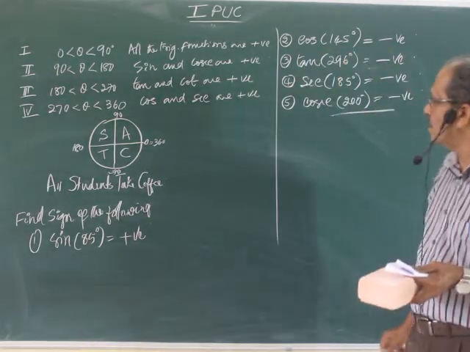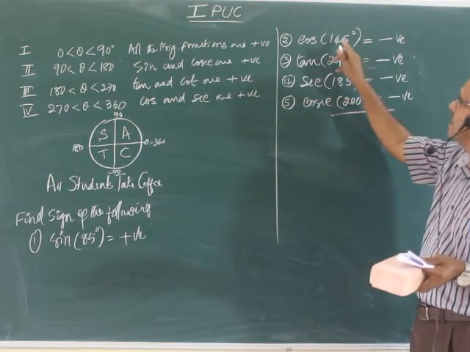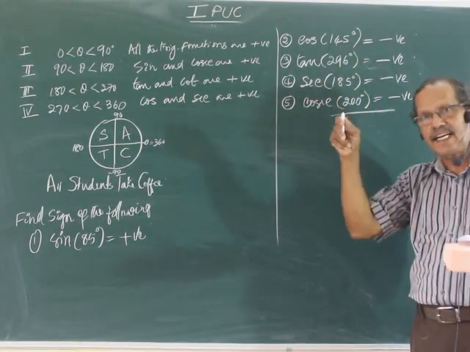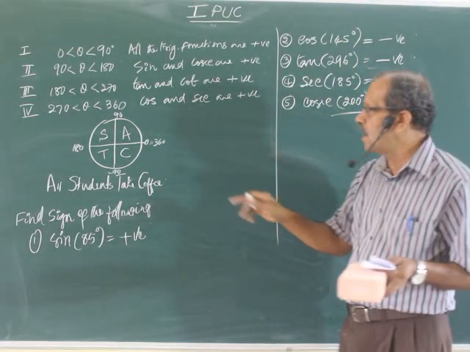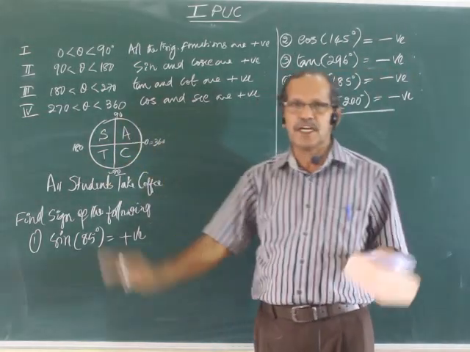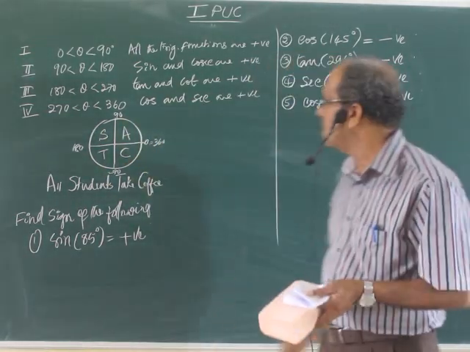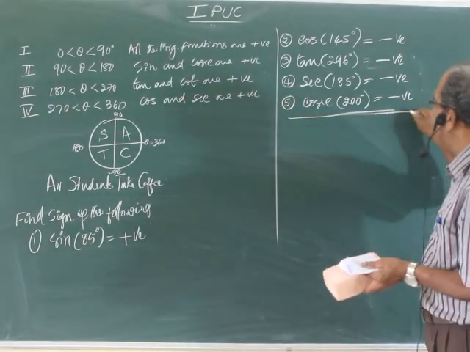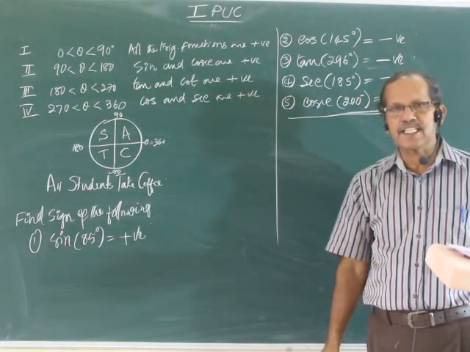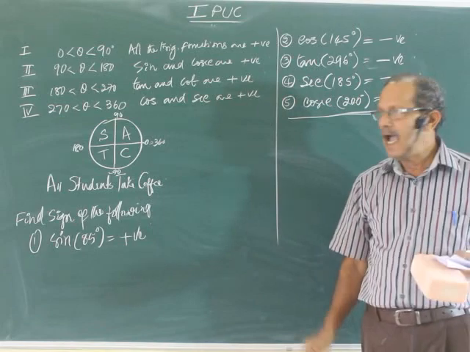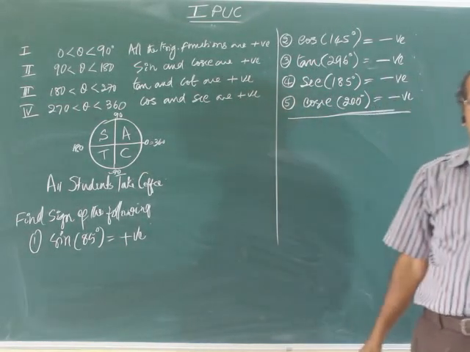For any trigonometric function, first see in which quadrant this angle lies. In that quadrant, what is the sign of the function? Now, the problem is if the angle is greater than 360.